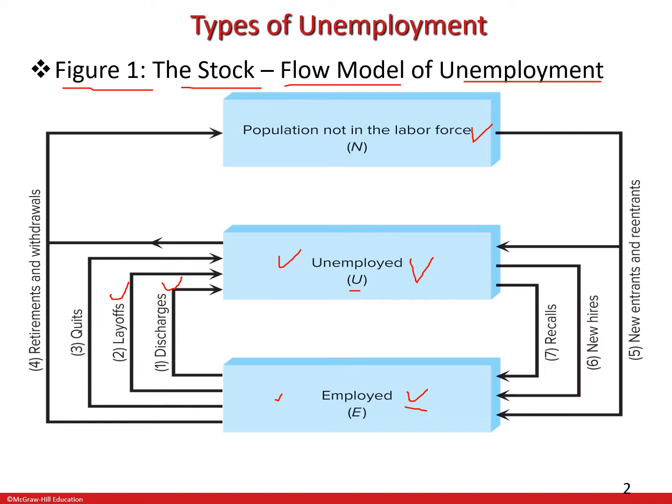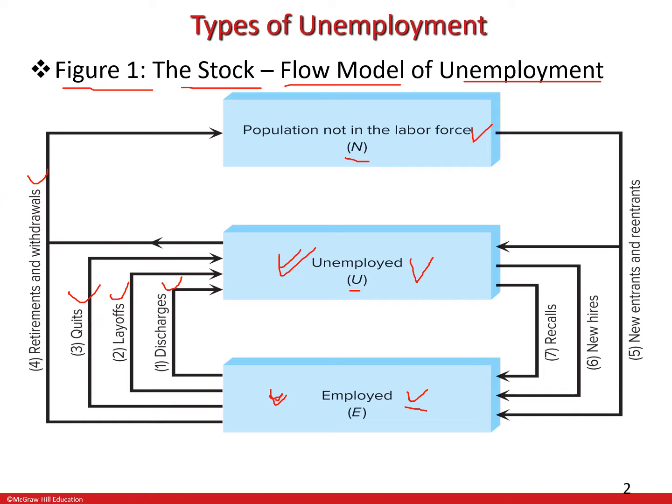Third, people who quit their job move from the first box to the second one. And fourth, workers who retire or withdraw from the labor force will move to the third box, population not in the labor force.